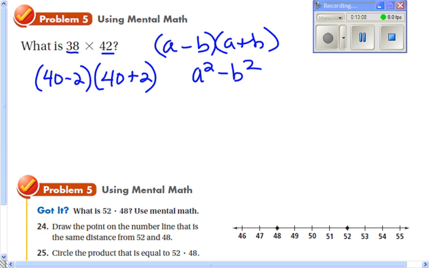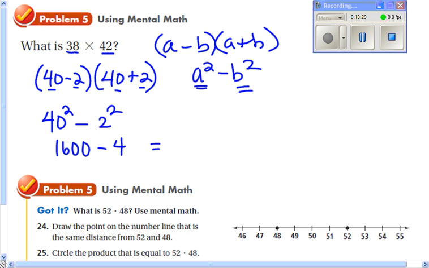And now, since we have the exact same numbers there, just one is subtraction and one is addition, we can just do our a squared minus b squared. So 40 squared minus 2 squared is our answer. 40 squared is just 1600, and 2 squared is 4. And you could do all that in your head, so you can do a multiplication like this in your head pretty quickly. All right, go ahead, you try that.